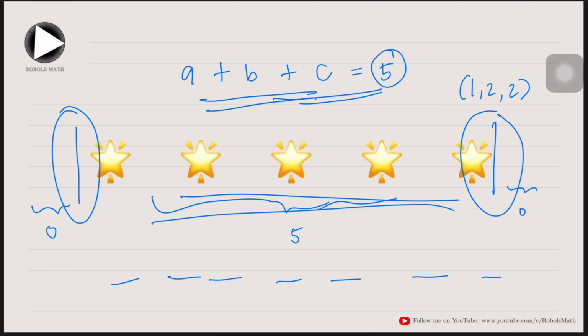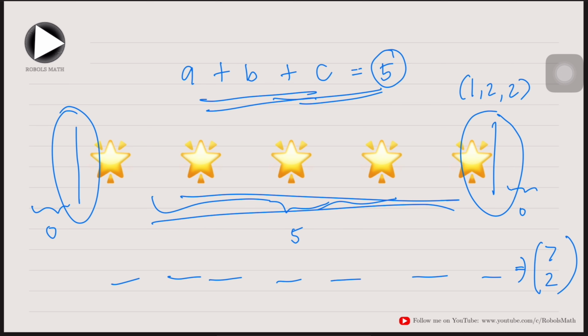Since we have 7 slots, the number of combinations, 7 taken 2, would give us the total number of placements of the bars. Note that once we fix the placement of the bars, we are essentially fixing the placement of the stars as well.